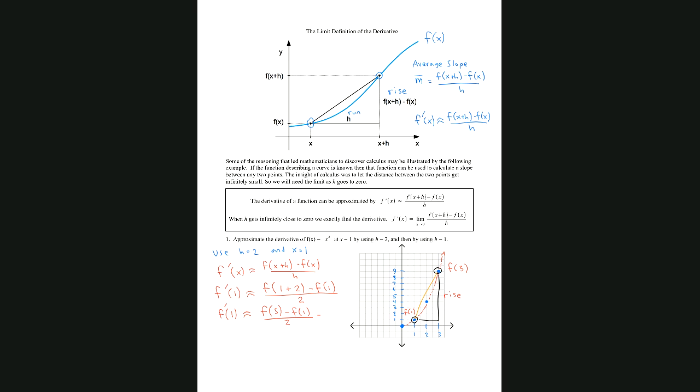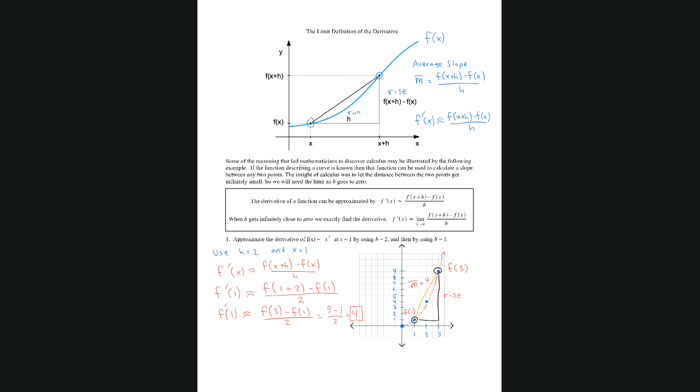So that's going to be 9 minus 1 over 2, which would be 4. So the slope of that thing is 4.